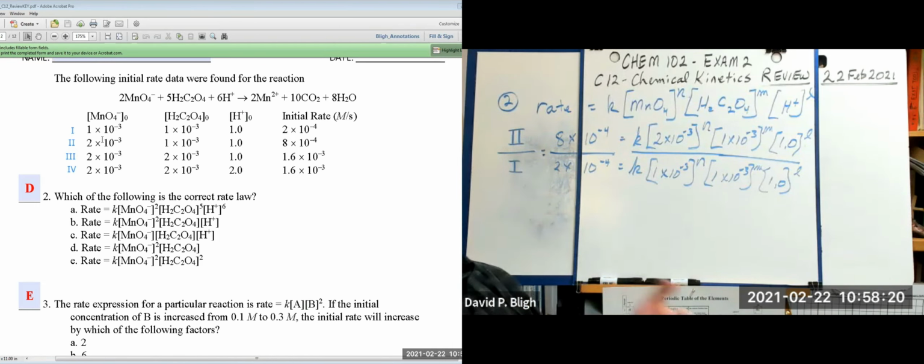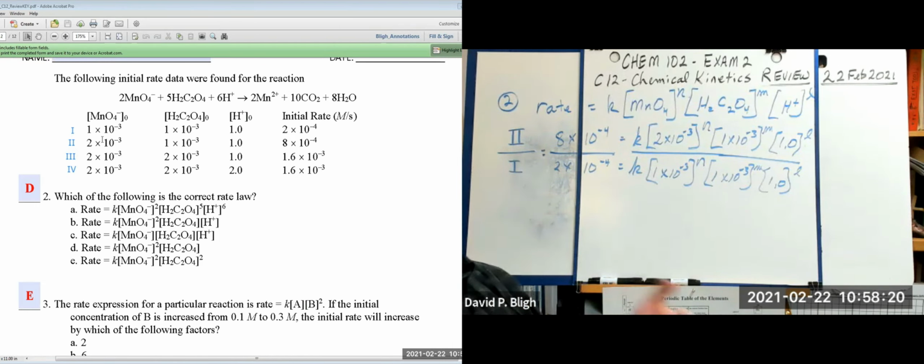Solve for K. Well, what's this term? That one squared and that one to the first power. That's that number to the third power, is it not? Right? So if we say 1 times 10 to the minus 3 to the third power, anytime you raise a power to a power, you multiply them. So this would equal 1 times 10 to the minus 9.